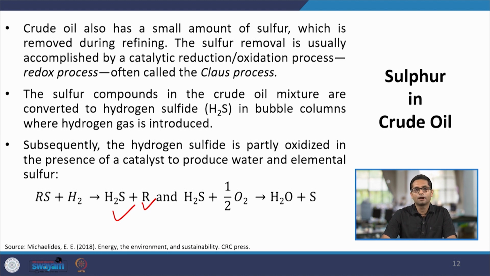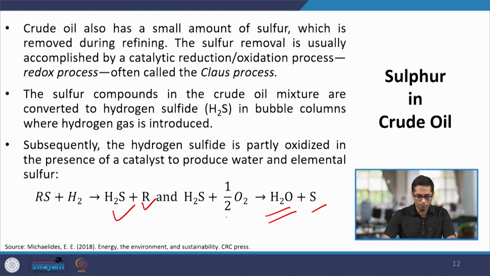Once the hydrogen sulfide gas was formed, it was made to react with oxygen to form water and sulfur in the form of a solid. And this sulfur was later used for the production of sulfuric acid, which could fetch the company market value.